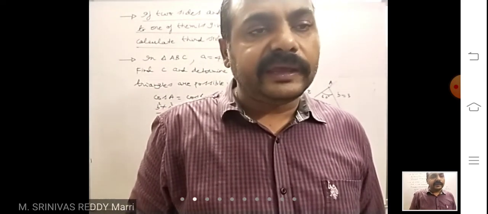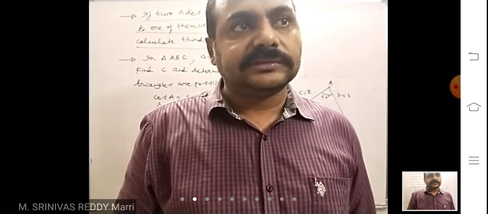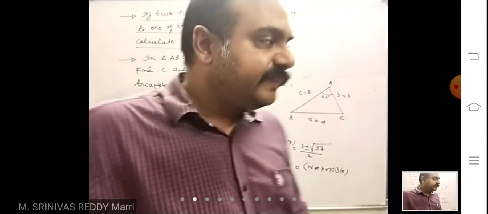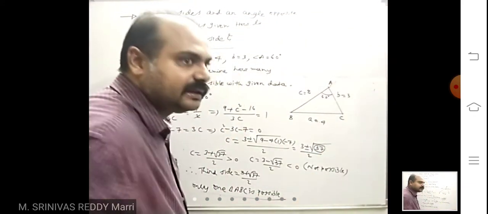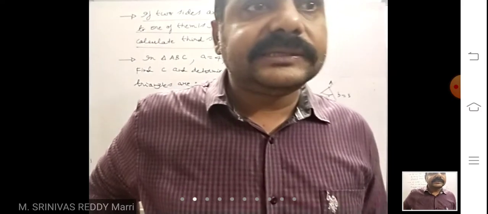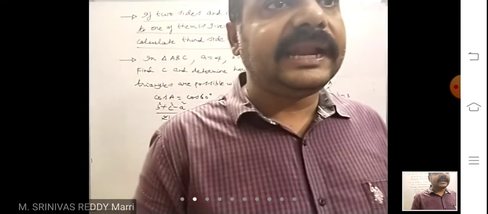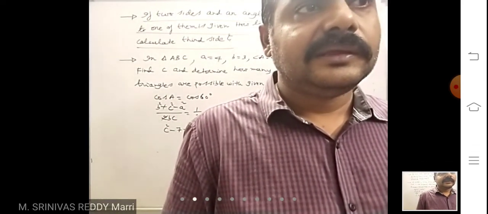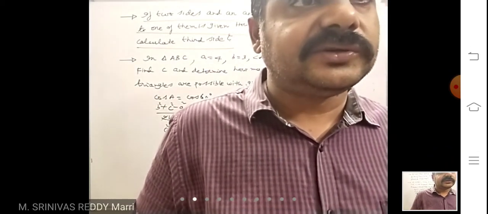Suppose you got imaginary roots. That means while you are calculating, you got a negative number under the root. Then imaginary roots you will get. In that case no value of C is possible because length is a real number. In that case no triangle, that means zero triangles. Understood?